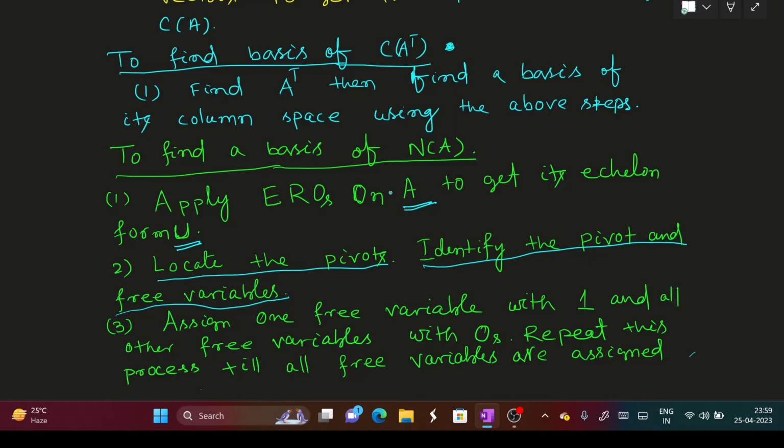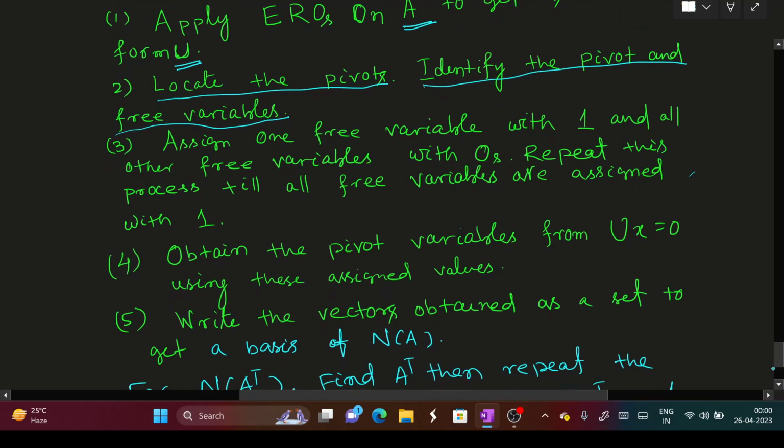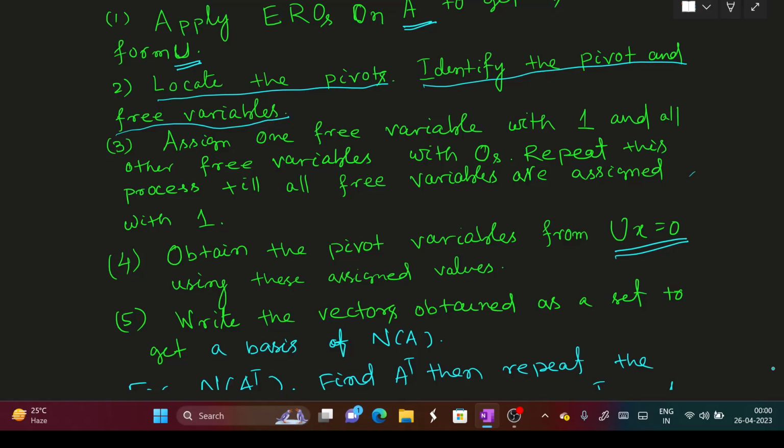Now we have to assign one free variable with 1 and all other free variables with zeros. We repeat this process till each free variable is assigned with 1. Now using Ux equal to 0, we find the pivot variables and hence the unknown vector x.